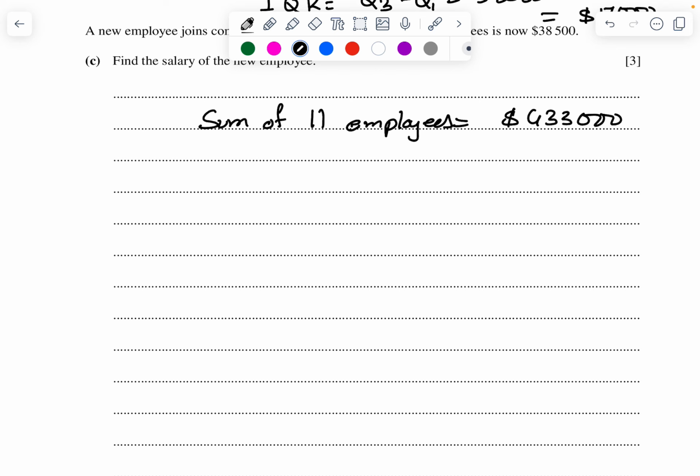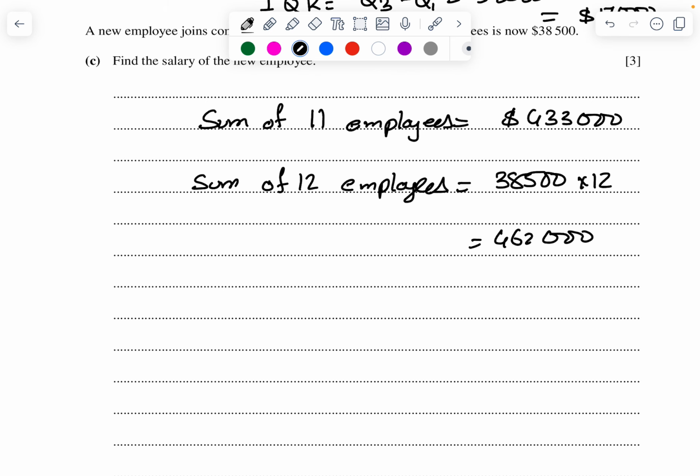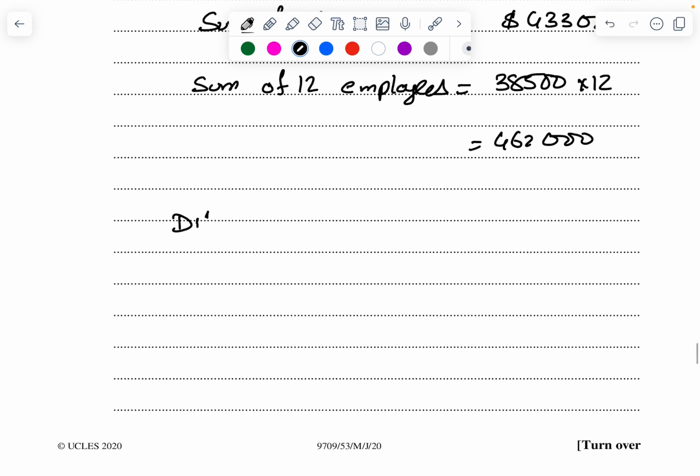Now the sum of the 12 employees' salaries is 38,500 times 12, which is 462,000. So the difference is going to be 462,000 minus 433,000, which is $29,000.